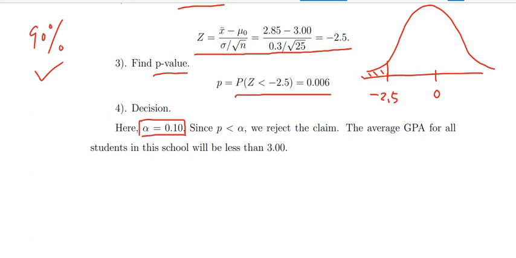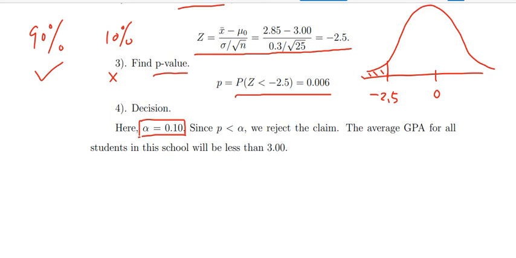This also means there is a 10% chance that our conclusion is wrong, right? So we can also understand this alpha as the percentage that our conclusion may be wrong. So this alpha is 10%.